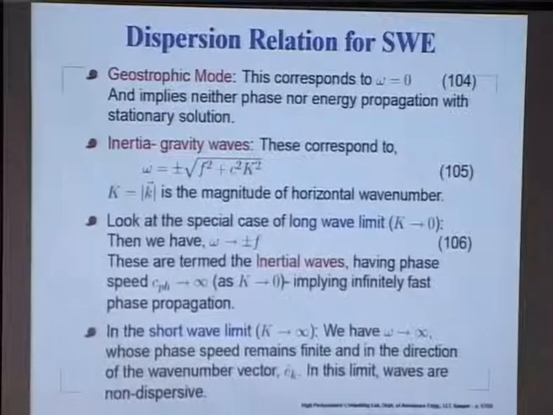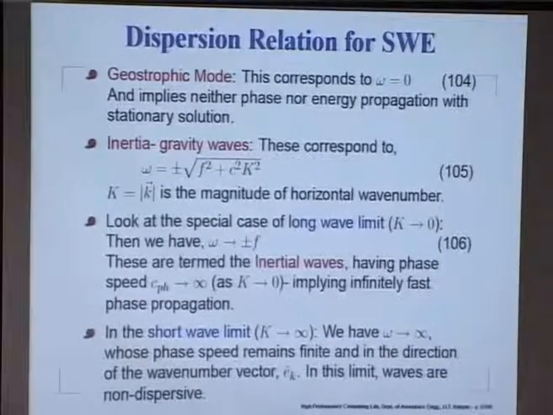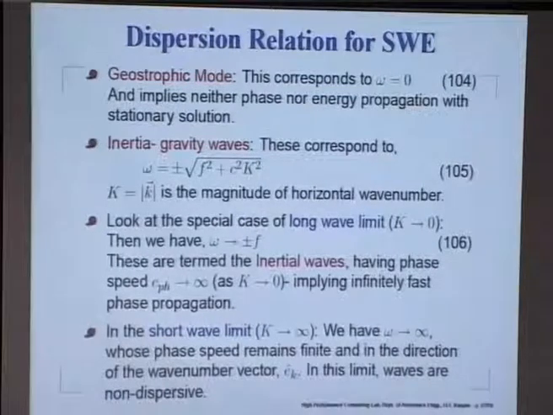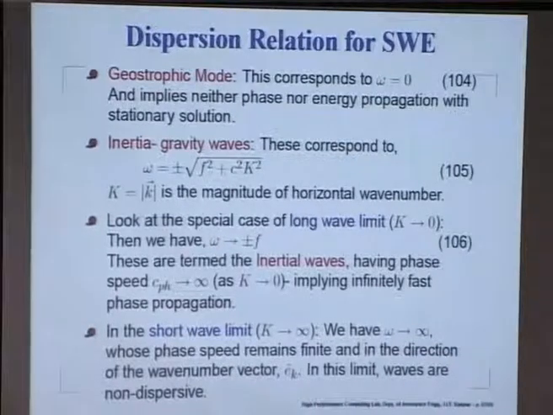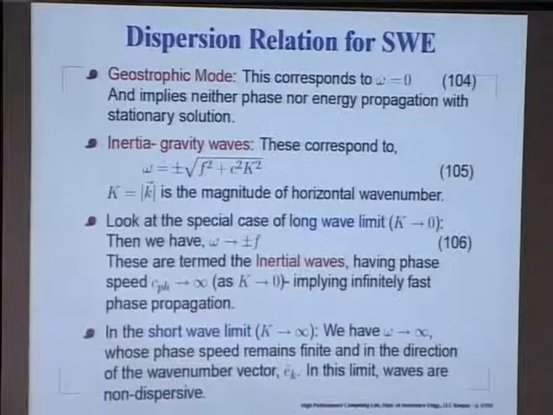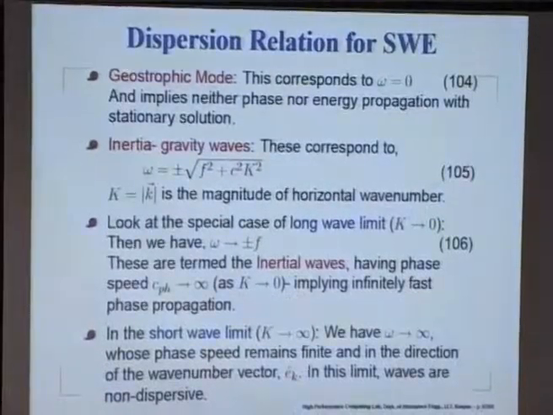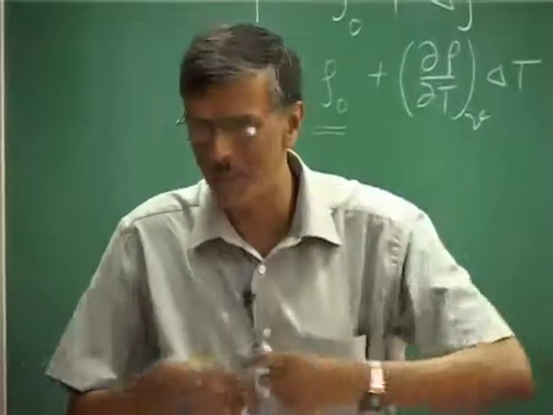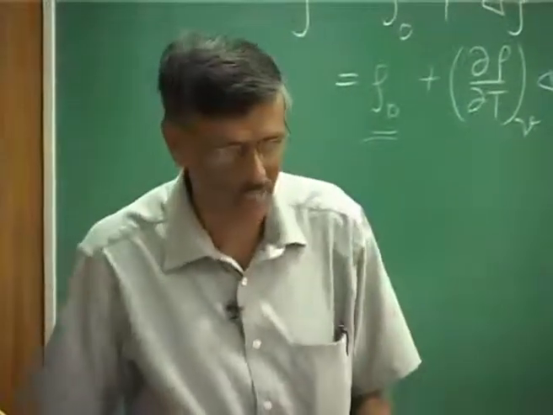What happens to the phase speed? Well, phase speed will still be finite, because I will divide by K. So, you can see it will still have a finite value. So, this is interesting. If you are looking at events occurring in the atmosphere over the continental scale, that information propagates at very quick speed, right.